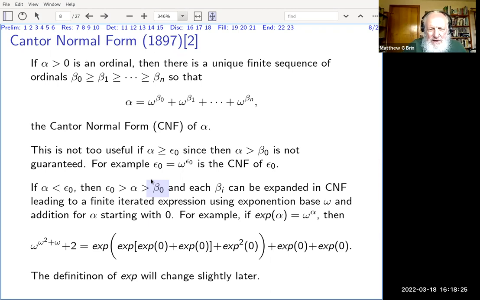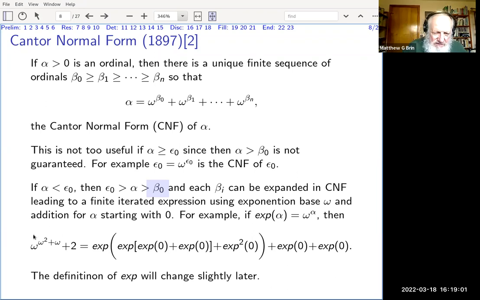However, for all ordinals less than epsilon naught, the highest exponent will be less than your ordinal and also less than epsilon naught. And so it has an expression in Cantor normal form with smaller exponents, and all of those exponents will have Cantor normal forms with even smaller exponents. And since everything is decreasing and the ordinals are well ordered, this actually stops. And so every ordinal less than epsilon naught has sort of a finite repeated polynomial expression, which is kind of tree-like, with the operations of addition and exponentiation base little omega.